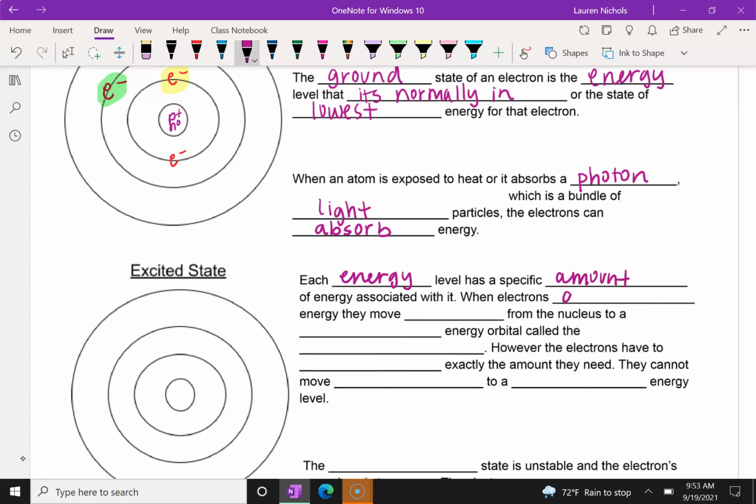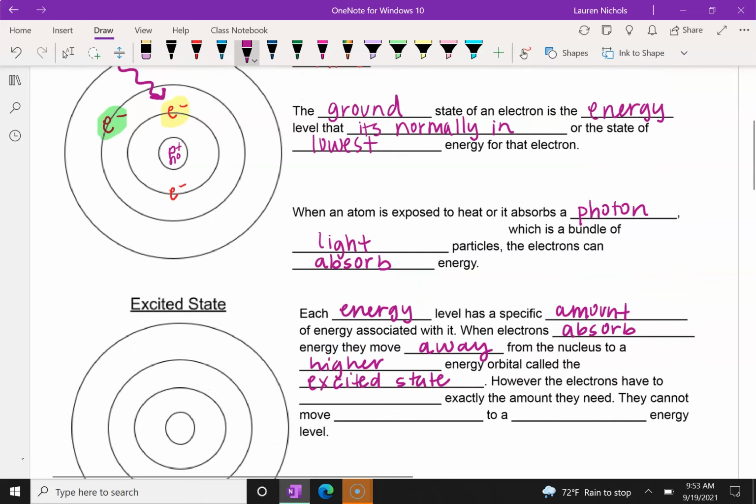So when electrons absorb the energy, they move away from the nucleus to a higher energy orbital called the excited state. Their excited state is that energy level with the higher amount.